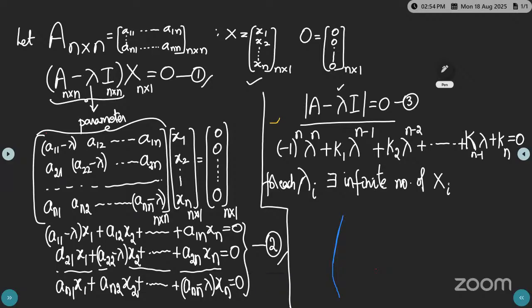Here, xi is nothing but a matrix. What is xi? It's a column matrix. Infinite number of xi values.